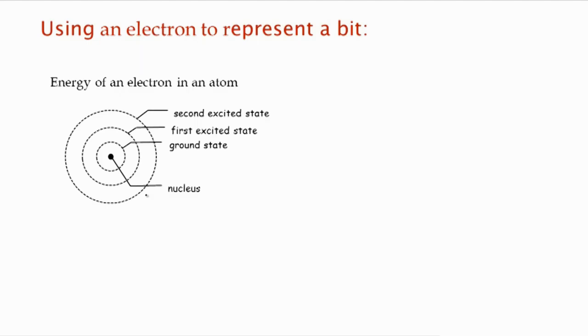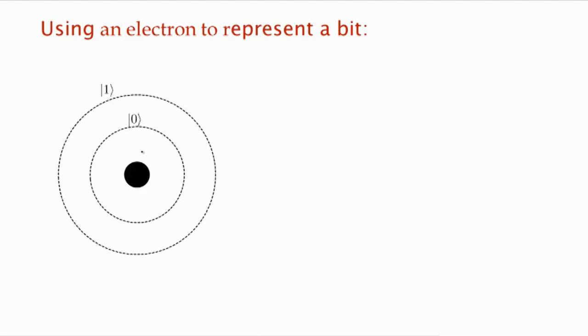So now, if we wanted to represent a bit of information, what we could do is we could make sure that the energy of this electron is allowed to be high enough so that it could be in the ground or the first excited state, but it's not high enough to be in any higher energy state. Okay, so here's our situation. So we have our hydrogen atom.